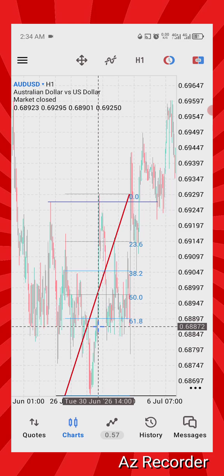Now I start looking out for the fix zone within the discount zone. If you check, the first discount zone is here. Now I place my order here, and below here should be my stop loss, while my entry should be here.